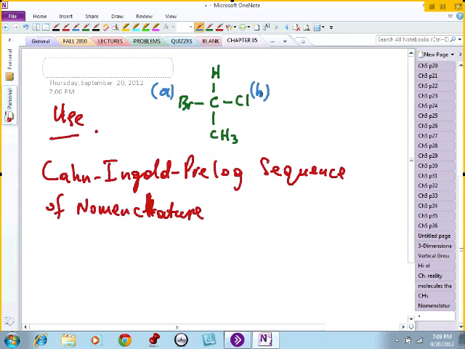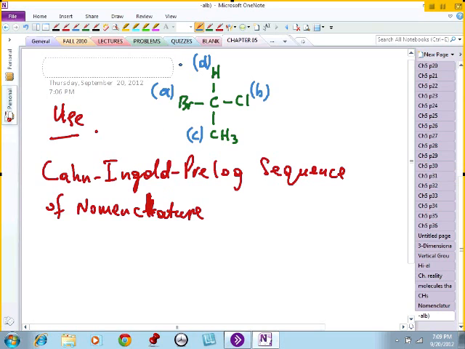Chlorine. Okay, B. What would be priority C? Carbon, right? Carbon has priority over hydrogen, because carbon has an atomic number of 12. So C is carbon, and the last priority here is hydrogen. So we say this is D.